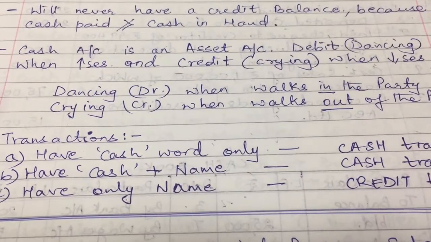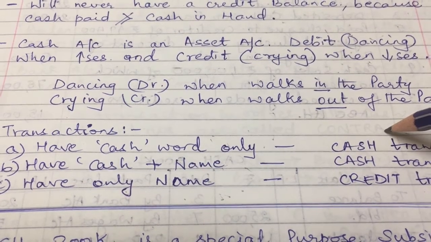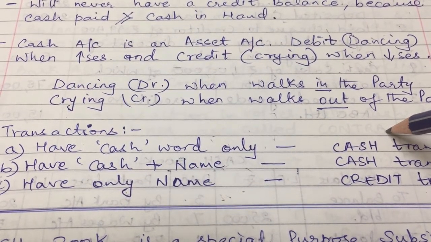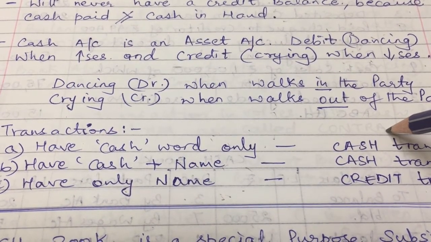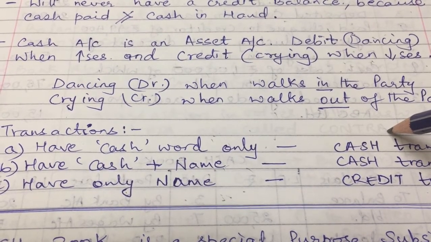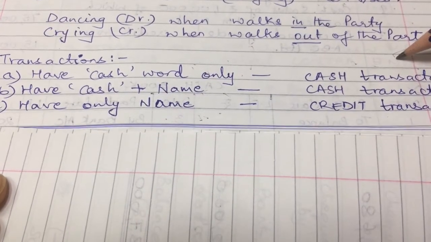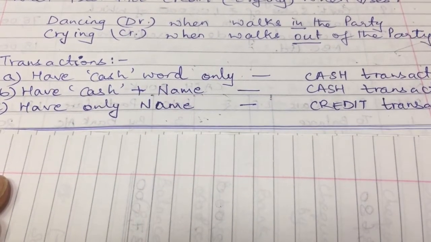Now, the most important part is the transactions which have the word cash and the party name, and the student gets confused whether we should record it in the cash book or we should make a journal entry for it. So to solve such entries, there is a simple tip.